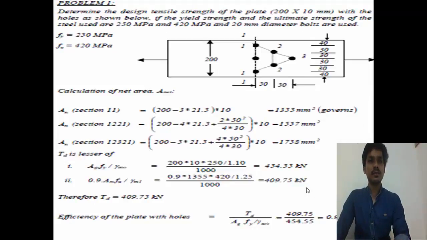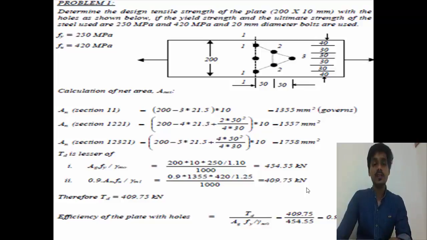This is an example problem on a tension plate. This type of problem is mainly used to find the efficiency of the plate, where here we determine the tension strength.